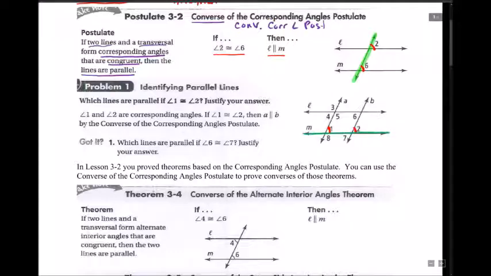So line M has to be the transversal. Well, if M is my transversal and angle 1 and 2 are my corresponding angles, then my parallel lines have to be lines A and B. So lines A and B are parallel, and my reasoning is the converse of the corresponding angles postulate.